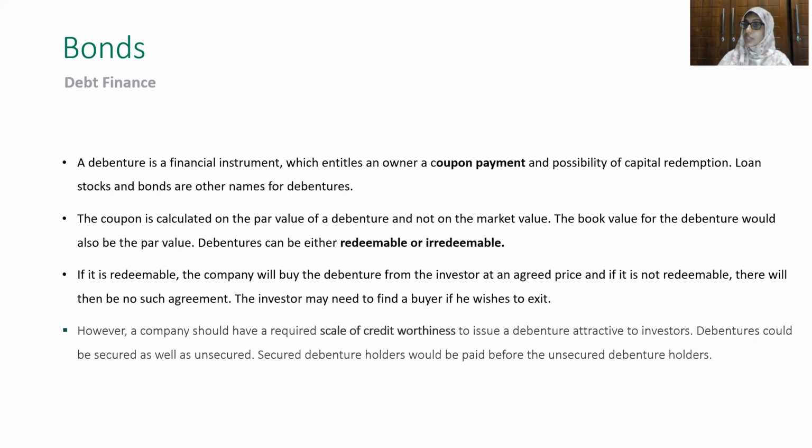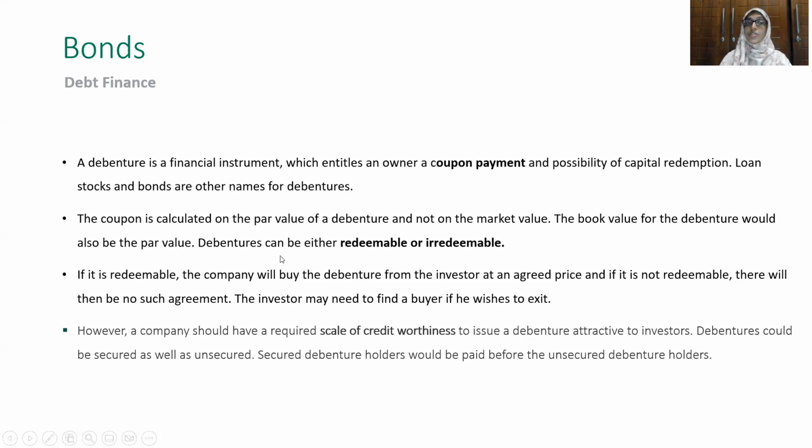And the book value of the debenture would also be the par value. So you need to understand, even though the debenture's market value could be higher, it would not be used to calculate the coupon rate. The par value will be considered. And even when including it in accounts, the book value for the debenture would be the par value, not the market value.